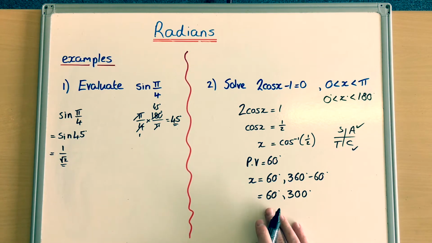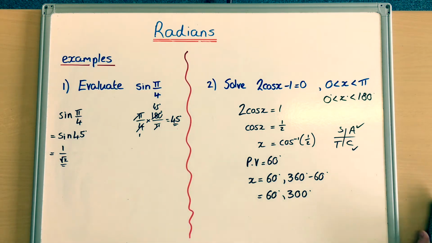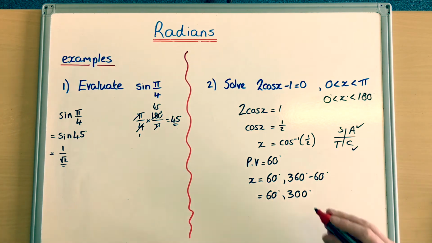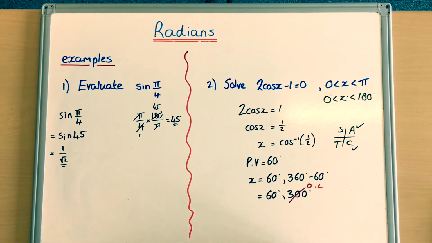Okay, so I've got a couple of solutions, 60 degrees and 300 degrees. So the first thing I need to do is keep thinking about my limits here. For 2 reasons. The first is that I'm going to need to cross out this 300 degrees. That's outside my limits. Outside limits, oh well.